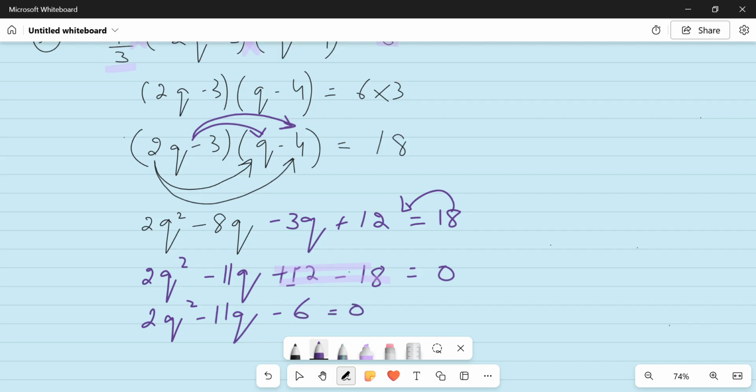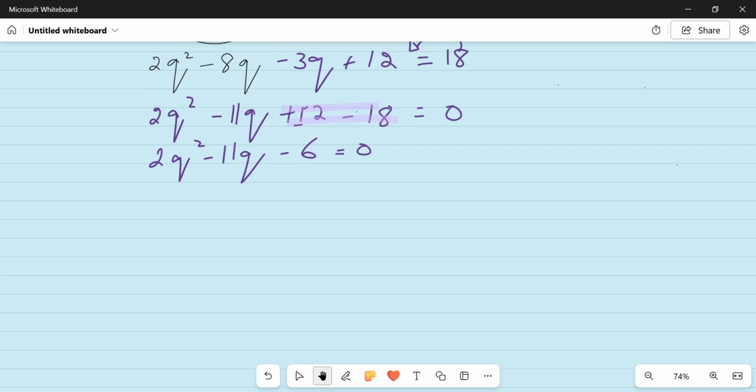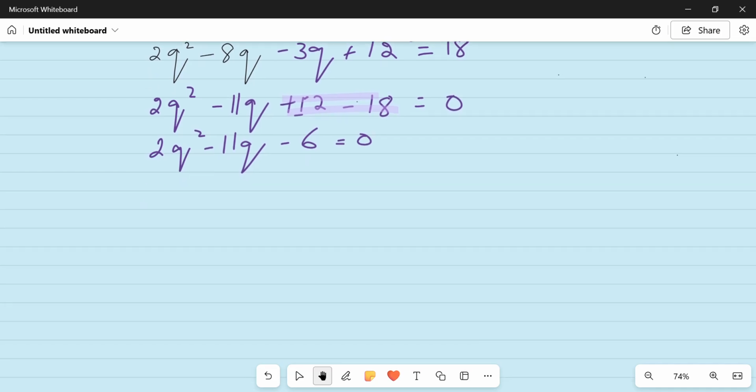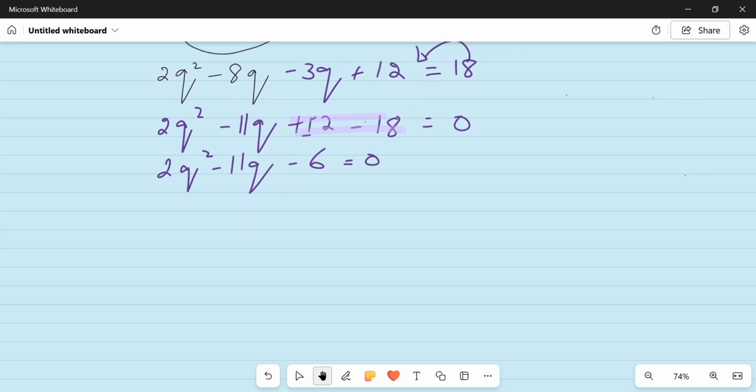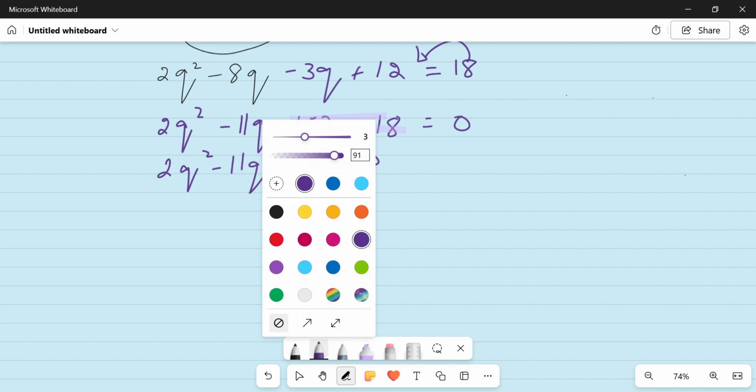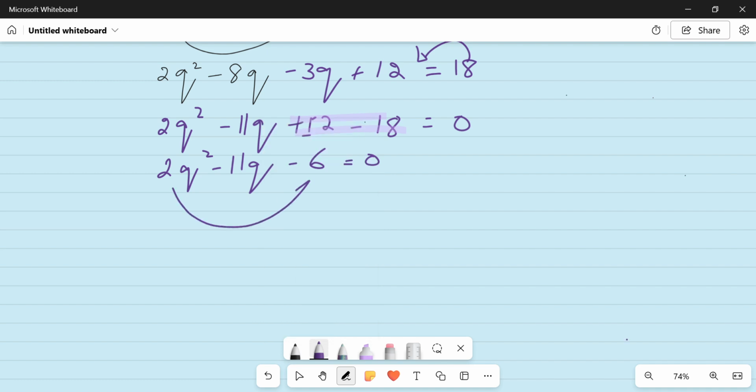Now students, here we need to solve them through middle term breaking. All right, so this 2q multiplied by 6 gives you 12q squared negative. Okay, now you need two factors, right?